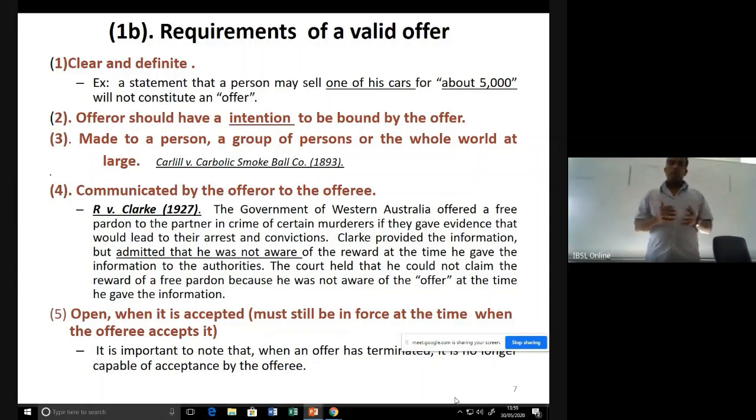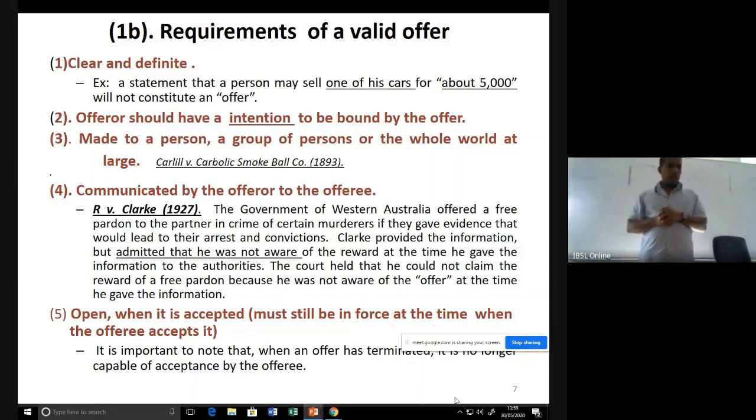The government couldn't find them, so the government announced: if you are a member of this group, if you come and give evidence on behalf of the government to catch other criminals, the government will give you a pardon. So you will not be punished. Based on your evidence, we will catch the others and punish them.